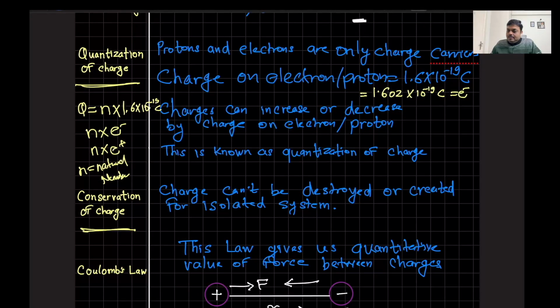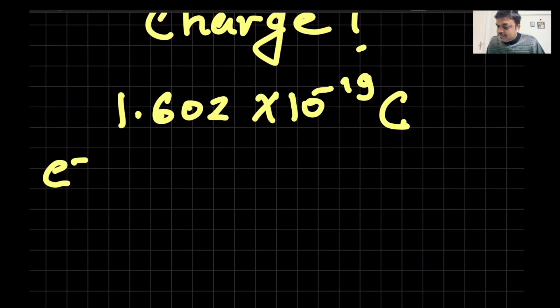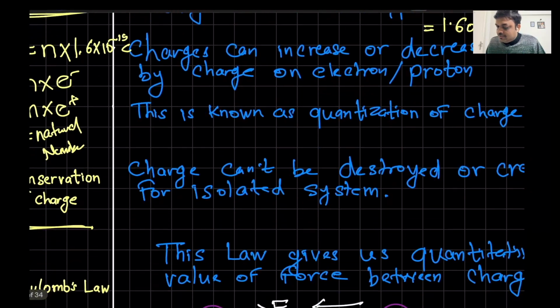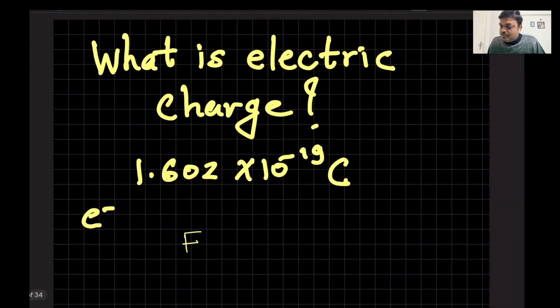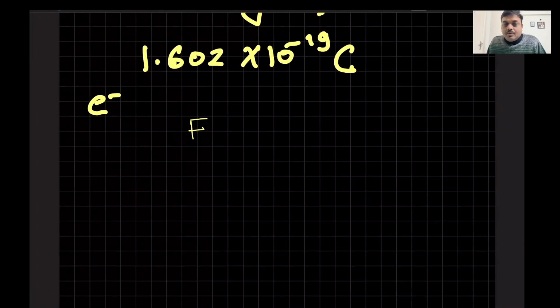What has been observed is the force in between these two charges. So this is the system which we are talking about: q1 charge and q2 charge separated by a distance of r. We would see the amount of force and its variation.